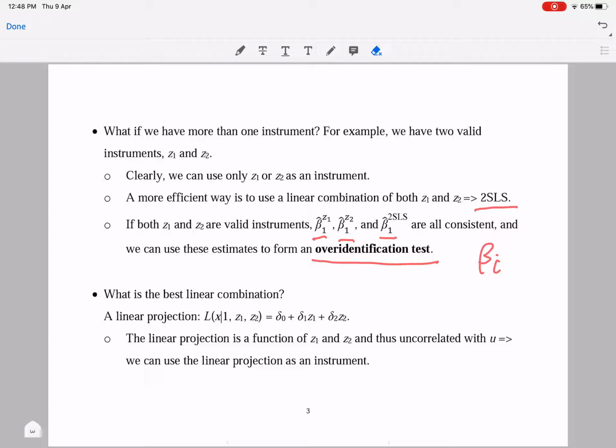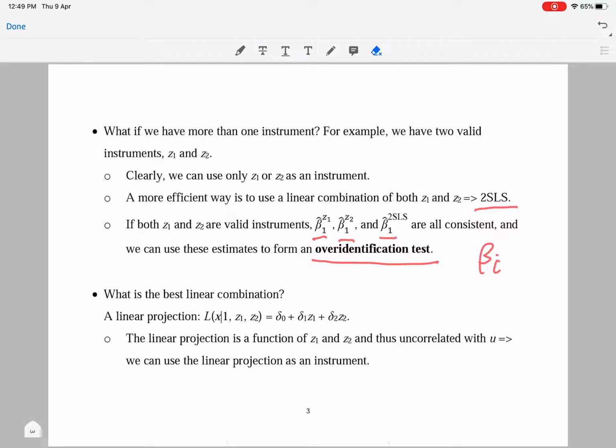Okay, so if we want to use both Z1 and Z2 to form a two-stage least square estimator, what is the best linear combination you can get? Well, we already learned that. We can use a linear projection. By definition, the linear projection is the best linear combination of a vector of variables.